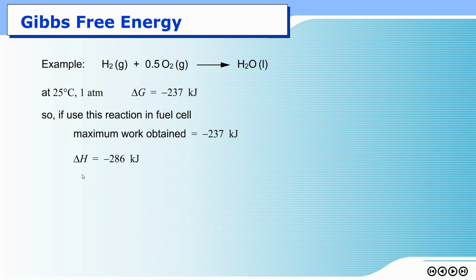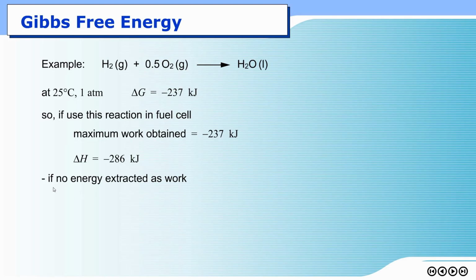If you calculate the change in enthalpy, or heat of reaction, in this case, again this is a formation reaction, so this delta H will be the same as the delta H of formation of water, which is minus 286 kilojoule.